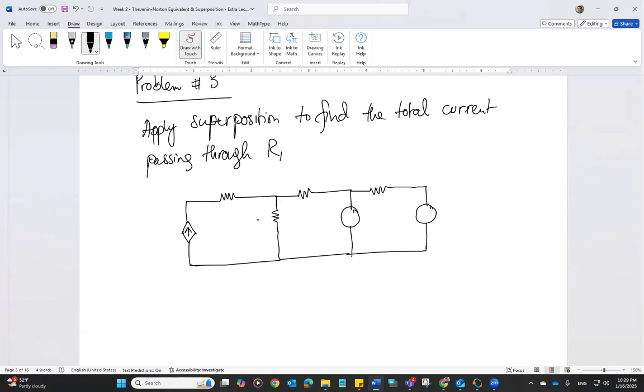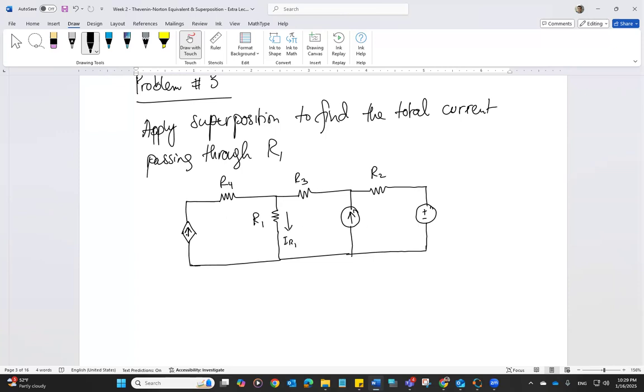And let's call this R1 resistor. And this is an independent current source, and this is an independent voltage source. R2, R3, R4, and this is my current IR.